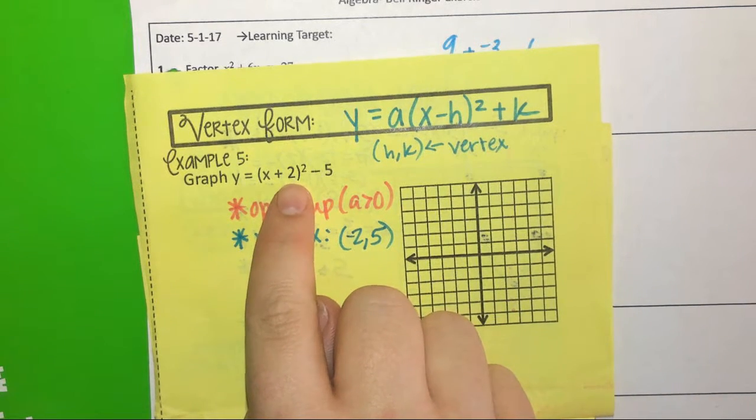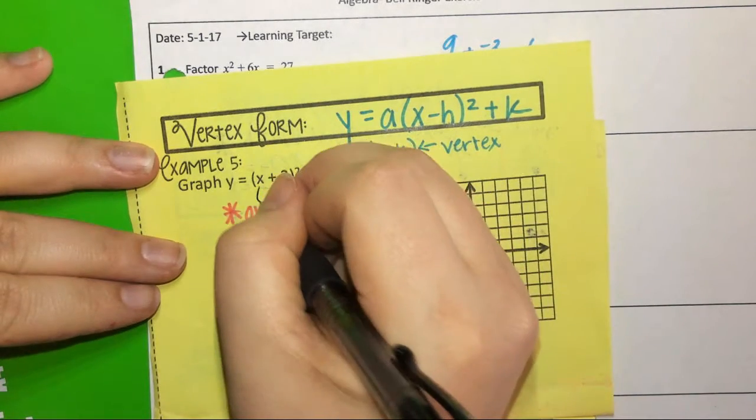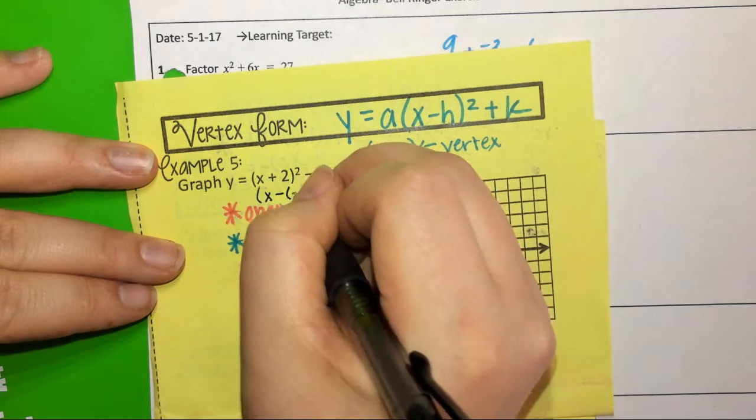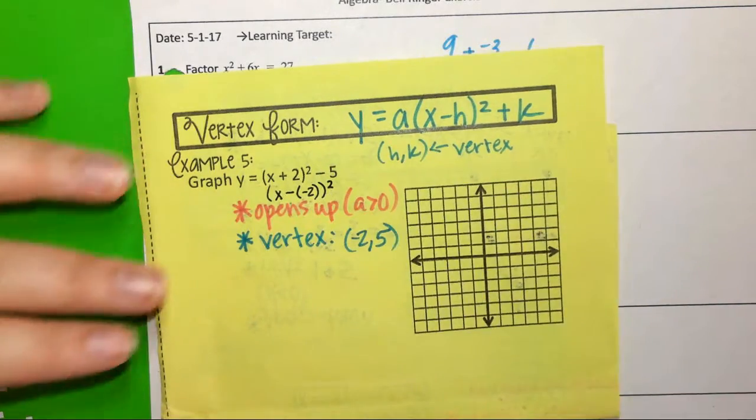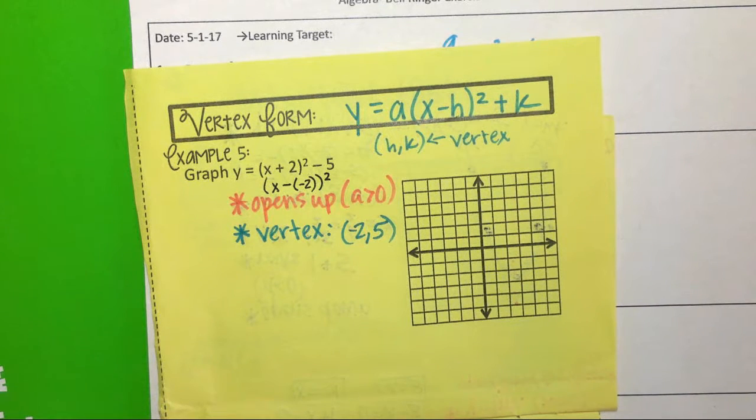So it's going to end up being the opposite sign. What we really have is x minus a negative 2 squared. Now, how did you know to put it like that? Because the form is x minus h squared. It ends up being that h is the opposite sign.